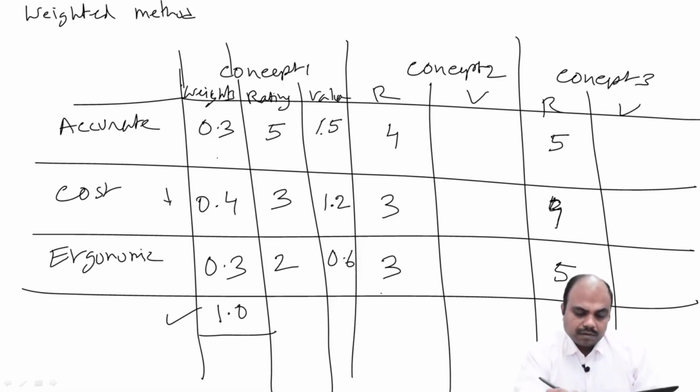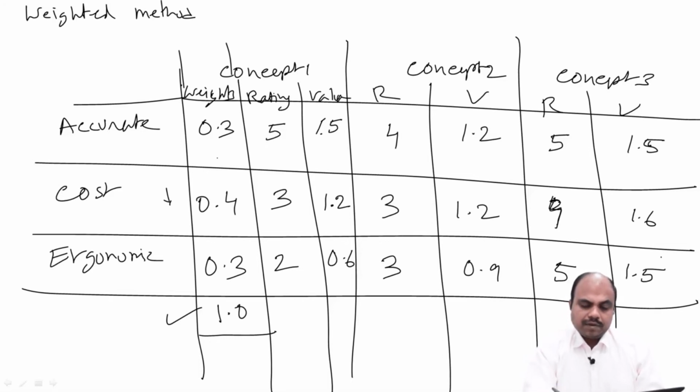So here we will see 1.2, 0.2, 0.9, 1.5, 0.6, and then 0.5. So when we add, we can find out how much it is, and whichever is the highest one, we can select this, right?